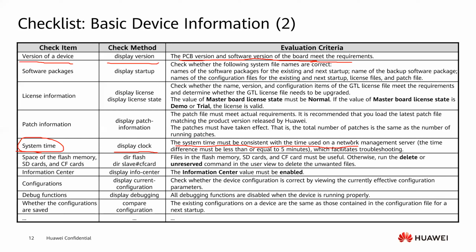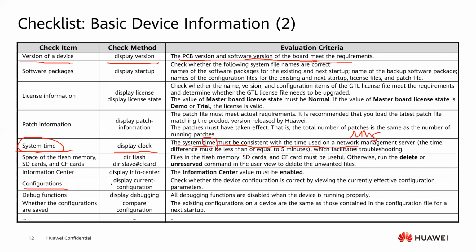It means we must be the same as the IMS, because if the time is not the same, when we see the trap, it may be a little difficult to associate with zero time. Okay, this is for the system time.